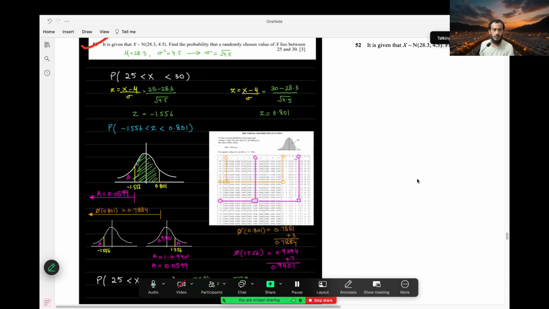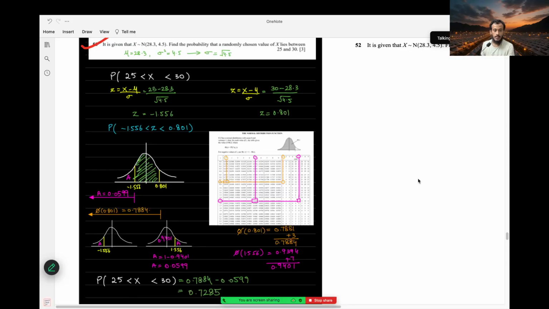Here is the solution for this question. The final answer is 0.7285. Did you solve in the same procedure that I've shown here? Yes.